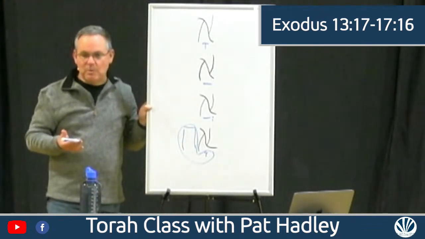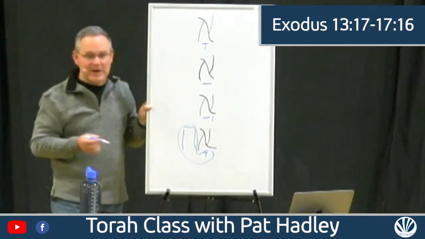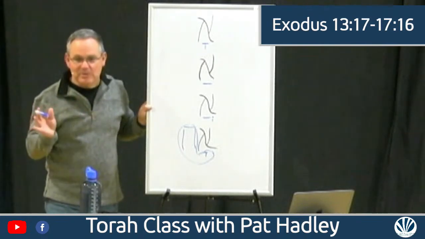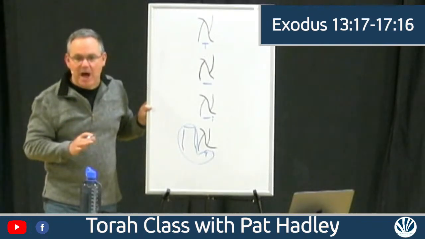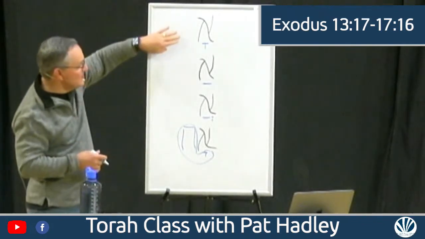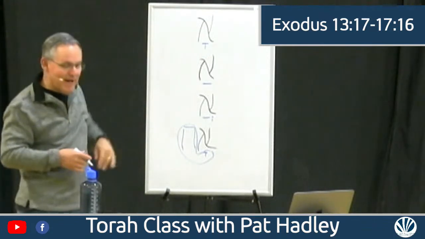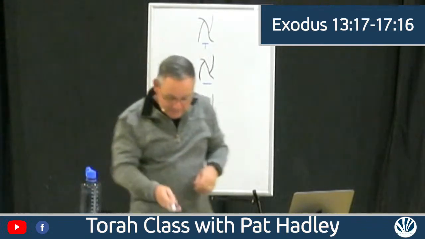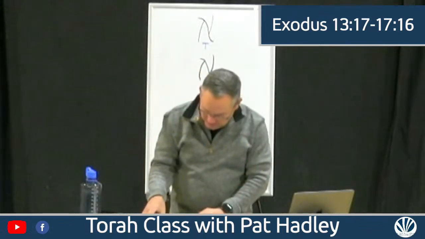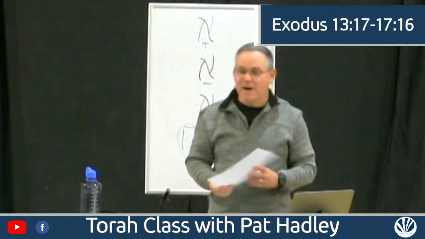Sometimes there'll be words where you'll have a letter hey there with the little mark down there, and you'll want to pronounce the hey, but you don't. It's just ah. So all of these are ah vowels.